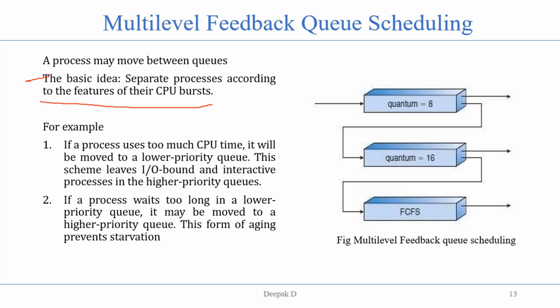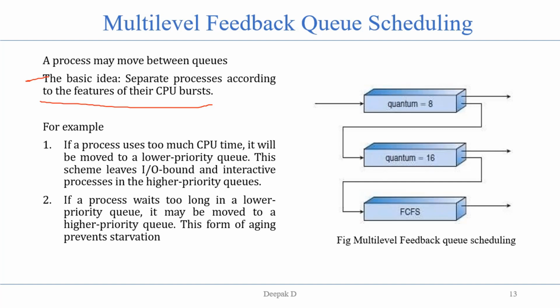If a process uses too much CPU time, it will be moved to a lower priority queue. If a process has a shorter CPU burst time, it is treated as interactive in nature, and it will be a higher priority process. For example, in this diagram there are three queues.